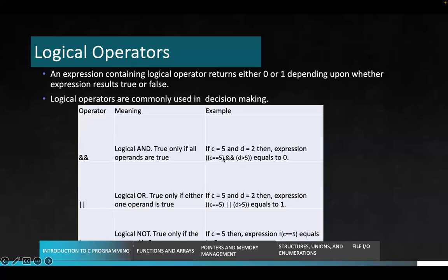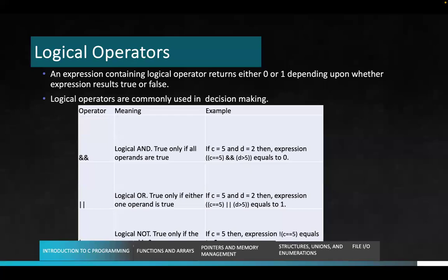Reason: both are not valid. C is equal to 5 is true, but D is wrong, since 2 greater than 5 is wrong. So the logical AND operator is true only if both are true. In all other cases, it is false, right? So here our judgment of the instruction is 0.